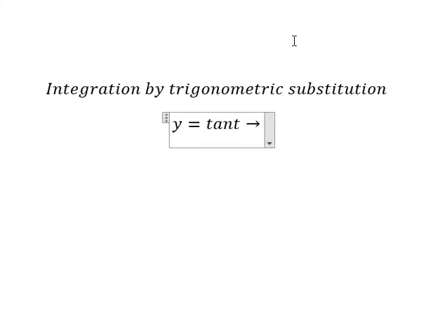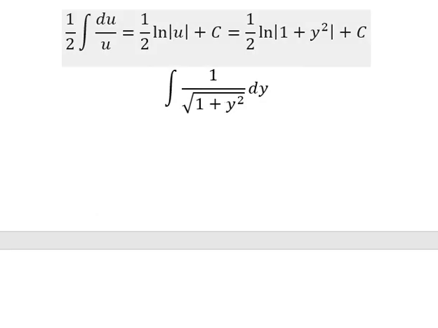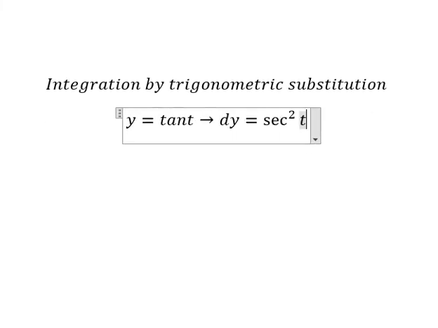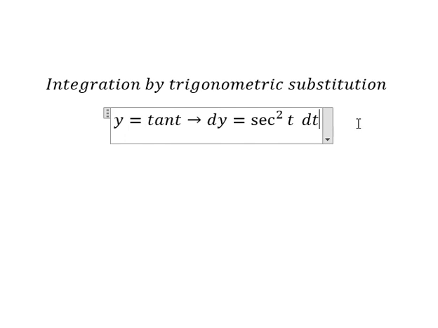So if I put this one gone here, we have tan t squared, 1 plus tan t squared. We change to secant of t squared, and later that we simplify the square root and dy. So we have dy equal to secant of t squared dt.